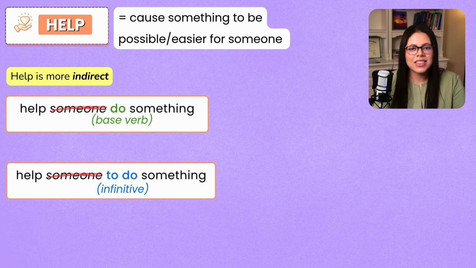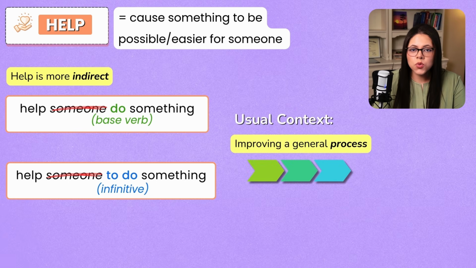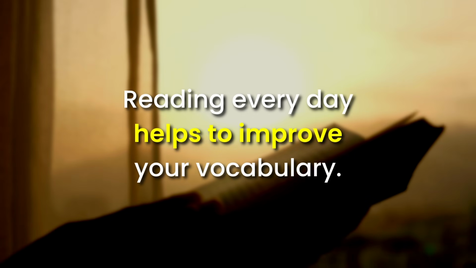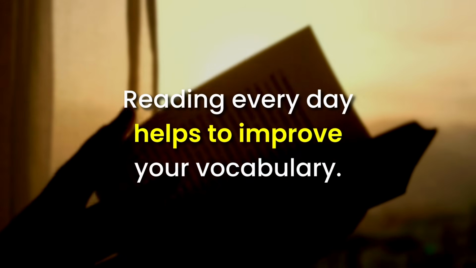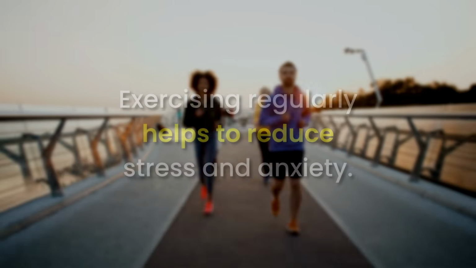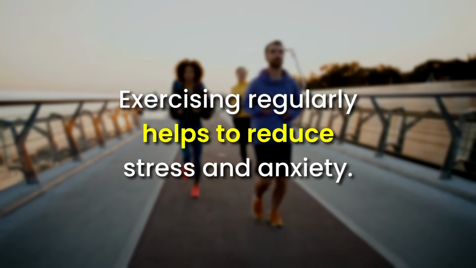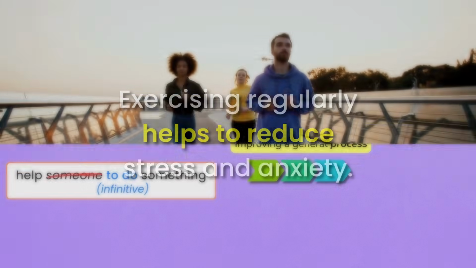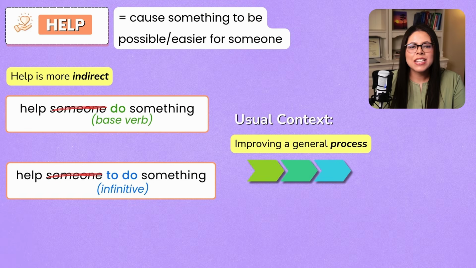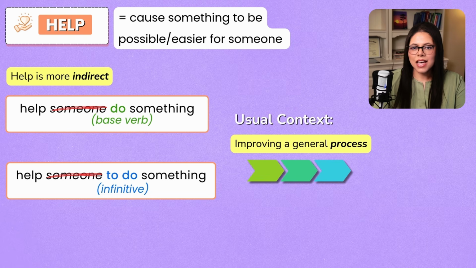This is usually in the context of improving a general process. Reading every day helps to improve your vocabulary. Exercising regularly helps to reduce stress and anxiety. This type of help is more indirect because it's not specific to one person.